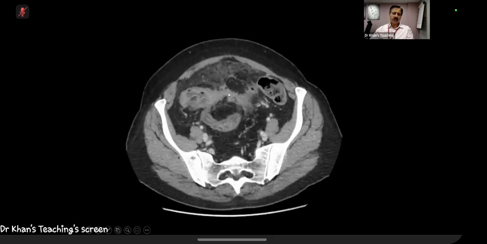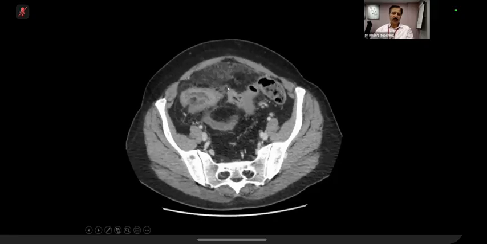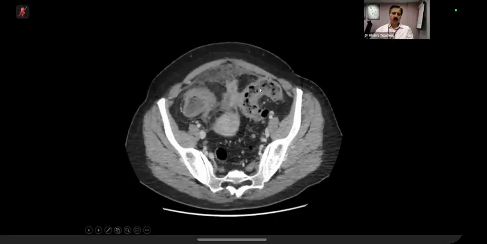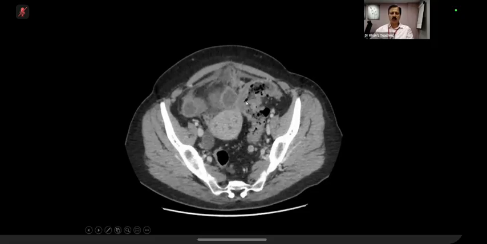And this abscess is in the mesentery, with a lot of fat stranding. And then this is extending. Now, this is the sigmoid colon, and you can see it is abutting the sigmoid. Right now we cannot see it, but there might have been a fistulous communication. At least these two loops are adherent to each other.